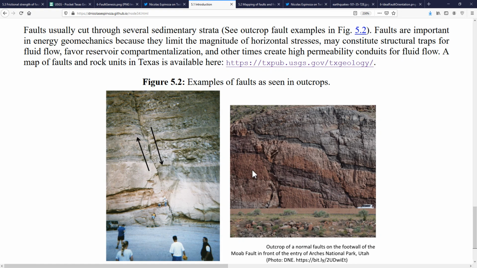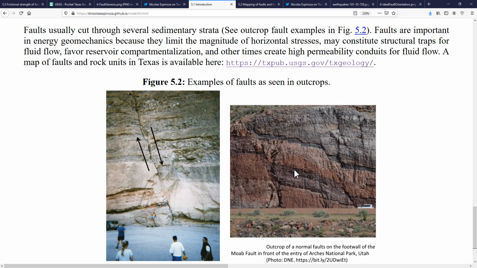So if we consider this static, then this section, the hanging wall, is going downward relative to the foot wall. This is the same Moa fault that we discussed, or part of the Moa fault that we discussed in the previous lecture. And also you can see very clearly here that angle. The dip is quite steep, and it's about 60 degrees in both cases.